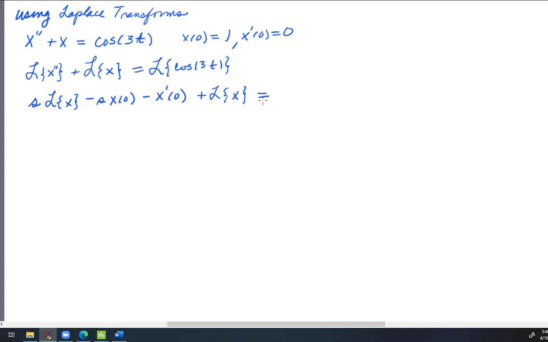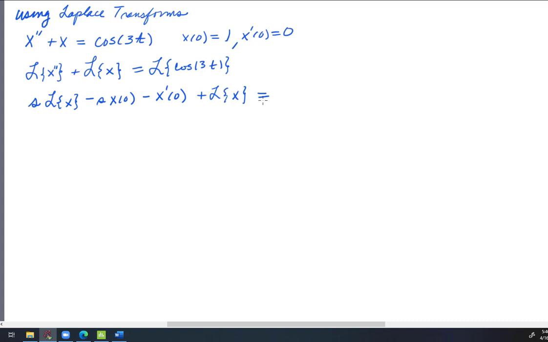Now what in the world is the Laplace of cosine 3t? Well, we've got two options here. We know the definition of the Laplace, and so we could write down the definition of the Laplace of cosine 3t and integrate and see if we couldn't come up with an expression.